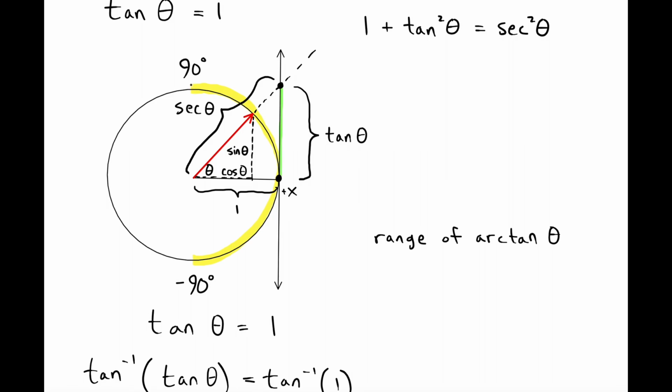Those technically won't be part of the range, because as you can see, if the angle was pointed directly up at 90 degrees, that could never intersect with this vertical line on the right. So the range of arctan theta will therefore be -90 to 90, but non-inclusive. In radians, that's -pi/2 to pi/2.